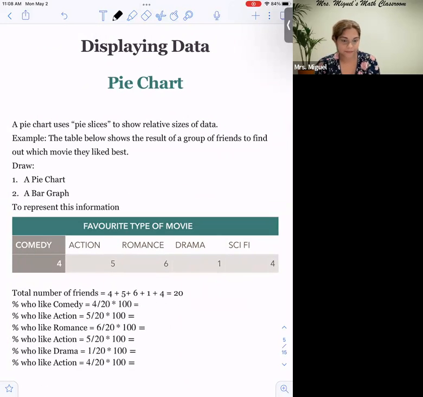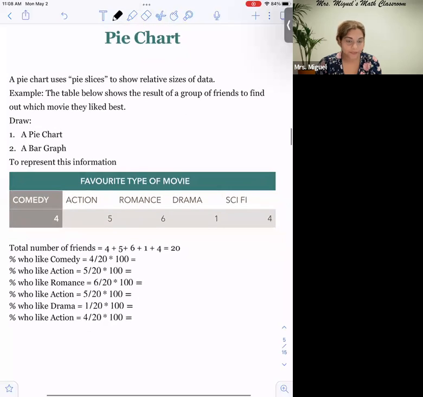Now, displaying data. Sometimes we have to display data on a pie chart, on a histogram, on a cumulative frequency curve, right? So there are different methods of displaying data. The first type of illustration that we are going to use is the pie chart.